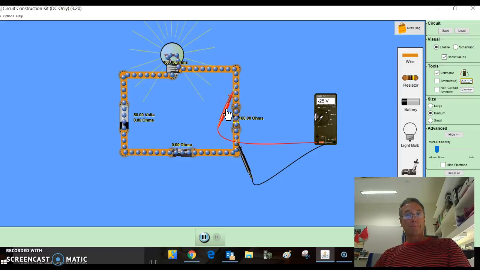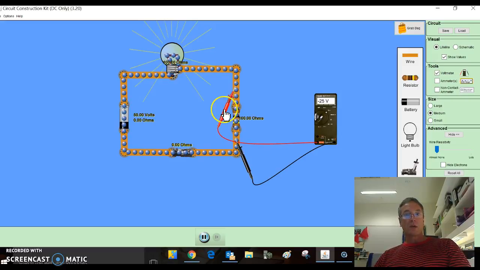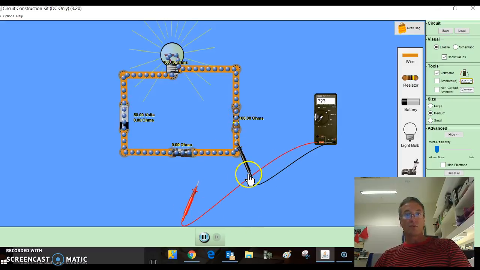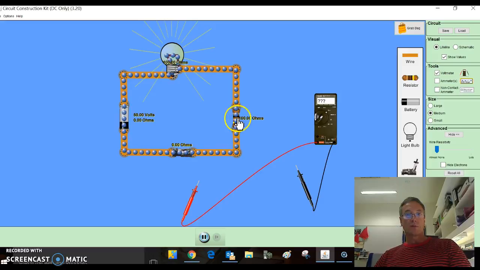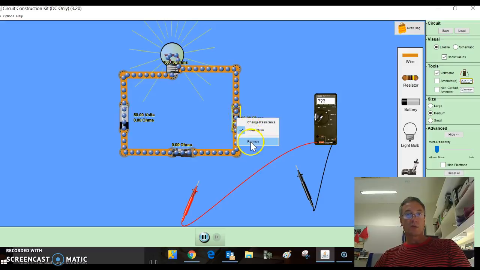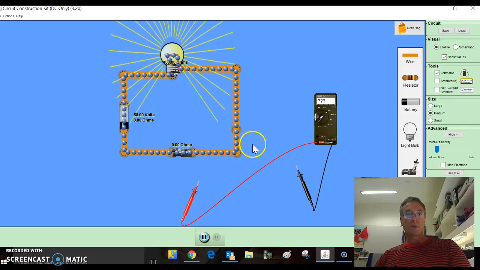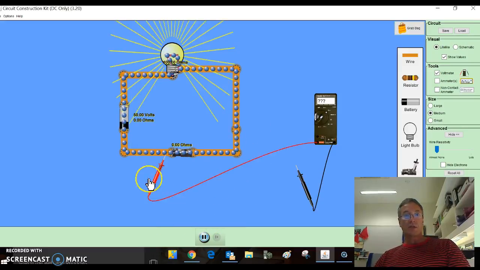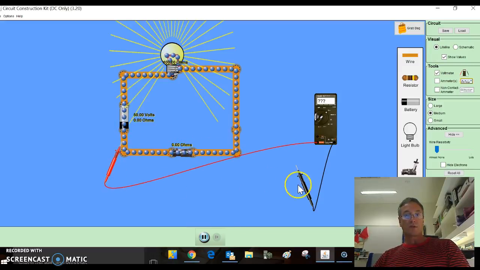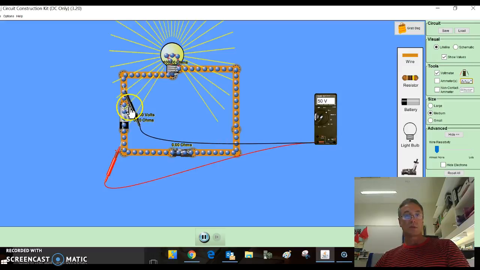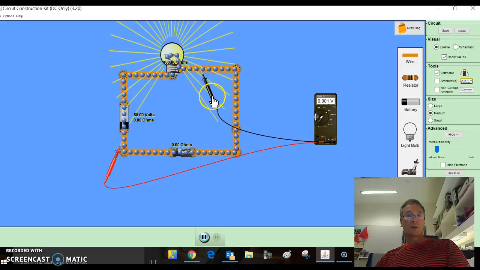So now if I remove the resistor from the circuit, okay, now let's just check that we are obviously still hopefully 50 volts between the terminals of the battery, and we should have very close to 50 volts.